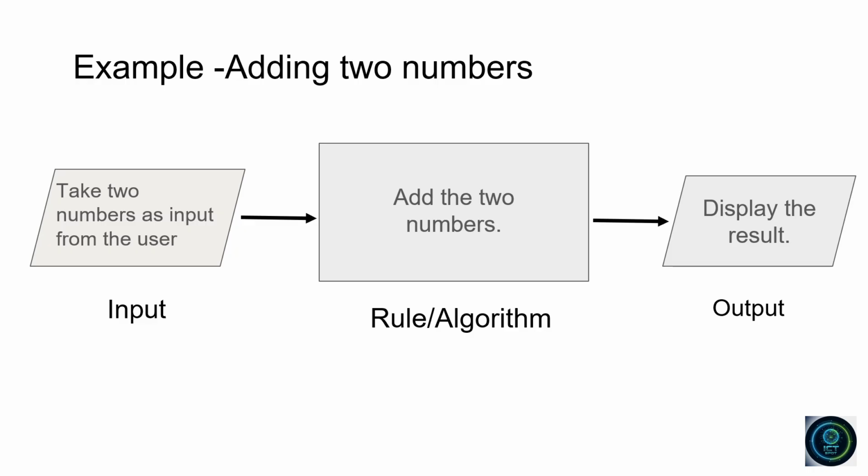Then the algorithm, or else I can call this the rule, is: add the two numbers. Then the output should be: display the result, which means it should display the sum, or the total, of the two entered numbers.